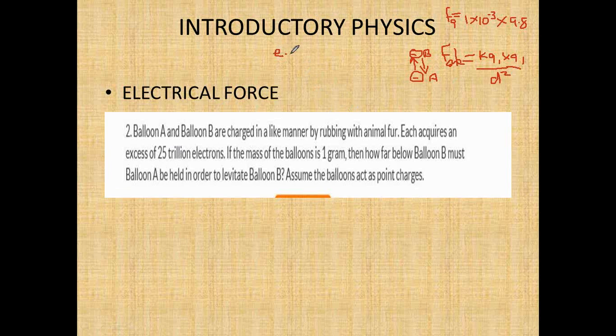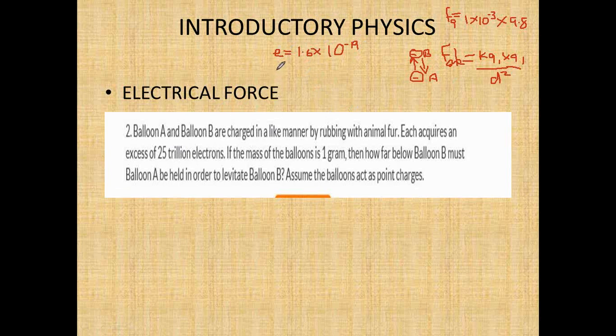Each electron has a charge of 1.6 times 10 to the minus 19 coulombs. Remember, a coulomb is a huge number. So each electron has this amount of charge. You have 25 trillion electrons on the balloon.